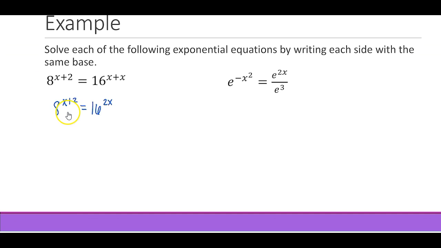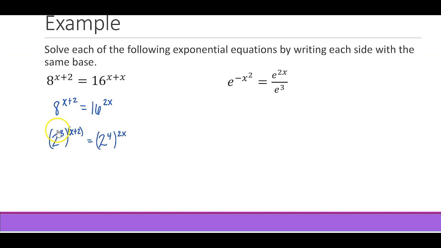So now, to rewrite these with the same base, the base I'm going to use is 2, because I know my powers, and I know that 8 is 2 to the third, and that's to the x plus 2, and then 16 is 2 to the fourth, and that's to the 2x.